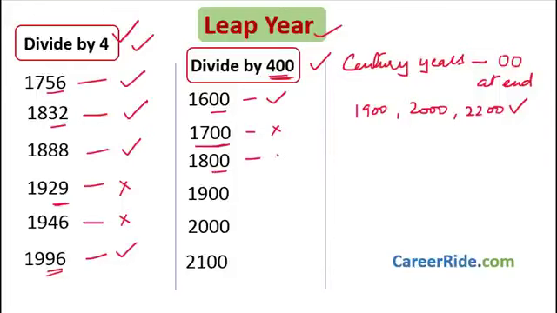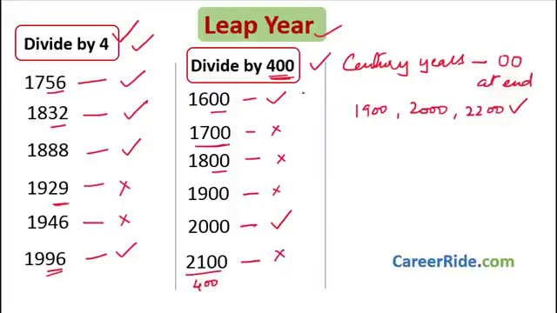No, it is not. So not a leap year. 1900, completely divisible by 400? No, it is not. So not a leap year. 2000, completely divisible by 400? Yes, it is. So it is a leap year. What happens to 2100? 2100 divided by 400? No, it is not a leap year.